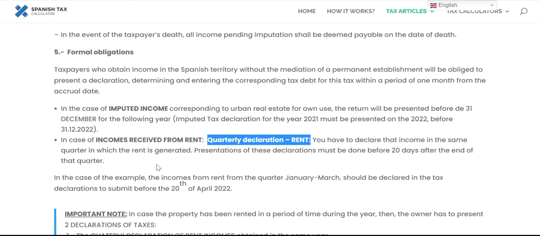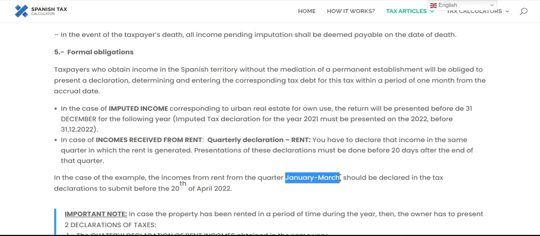So imagine that the property is rented in the period January-March of 2022. Then you have to declare that income before the 20th of April 2022.